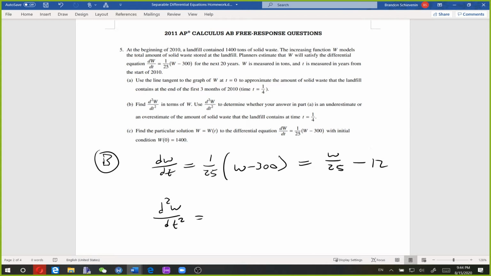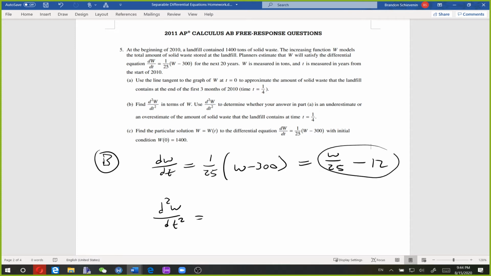If I derive this one more time, what will I have? I've simplified, so I haven't actually derived, I've just distributed for you. 1 over 25 times W is W over 25, and 1 over 25 times negative 300 is negative 12.